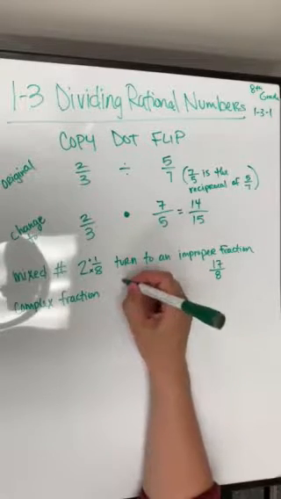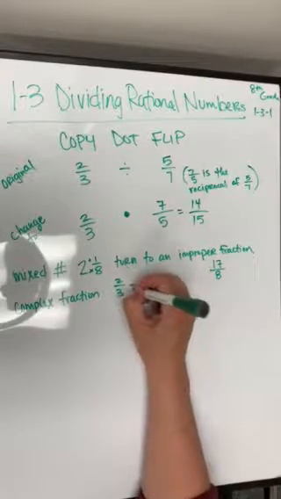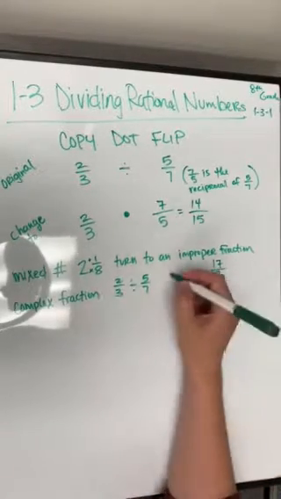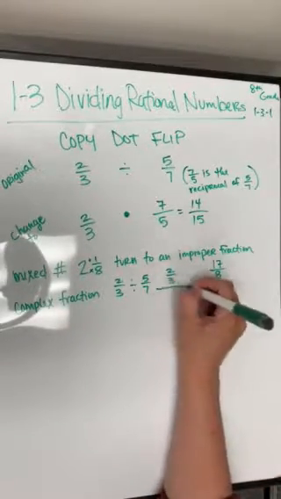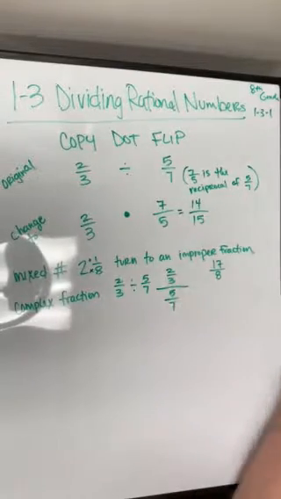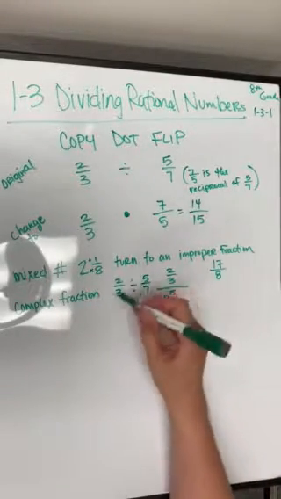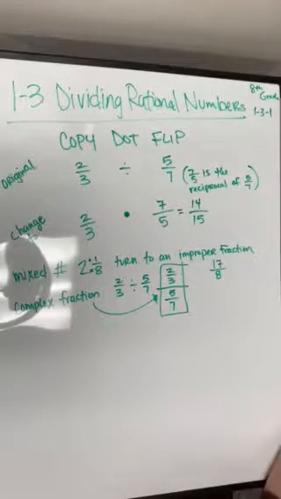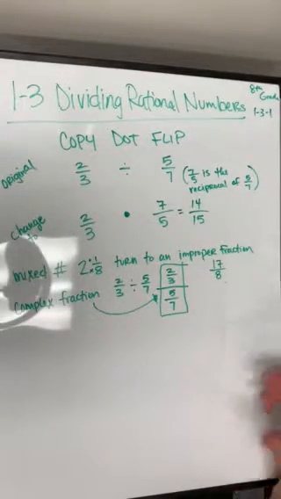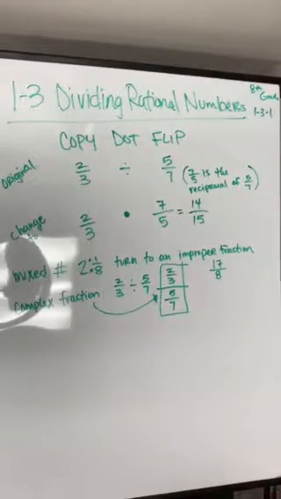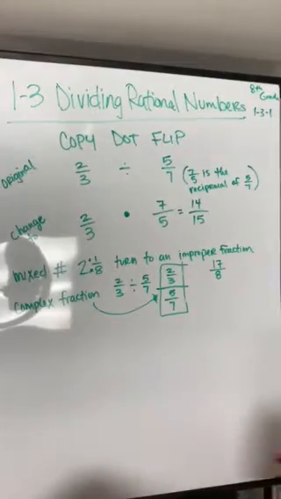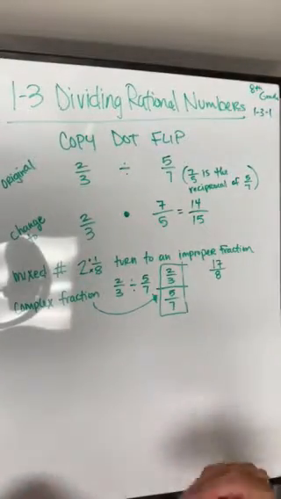So 2/3 divided by 5/7 would become 2/3 over 5/7. And so your complex fraction is this right here. It is a fraction divided by a fraction, so it's just a fraction over a fraction. You can rewrite this as this if that's easier for you. You just need to be aware that those are the same thing.